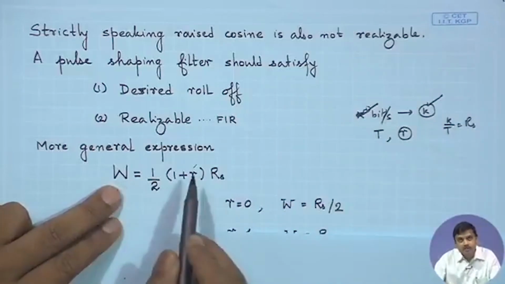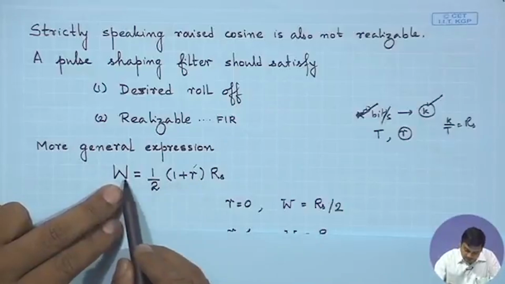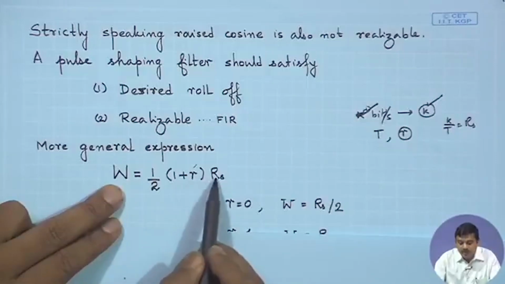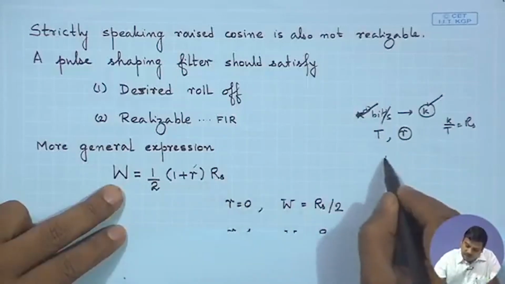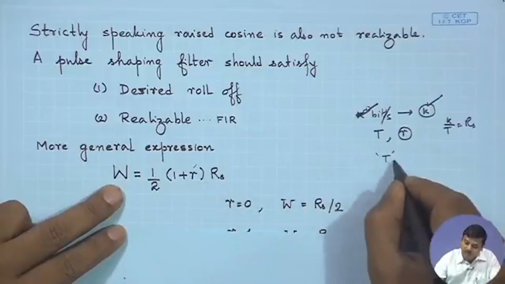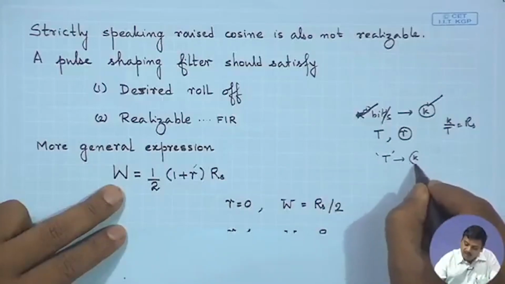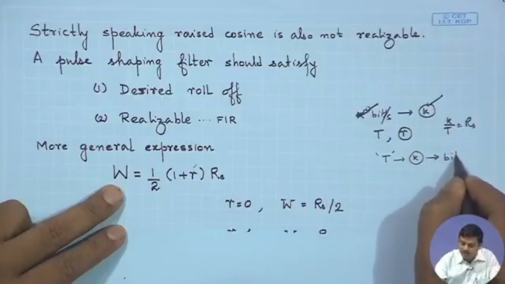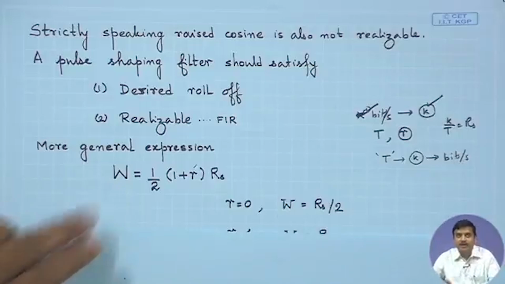Or in a reverse manner, if W is given and R is given, that means the bandwidth and the roll-off factor, you would be able to calculate the symbols per second that you can send. And once you calculate the symbols per second, you have T with you. So, if you have T with you, now you can adjust the value of k if you want to achieve a certain bits per second data rate.